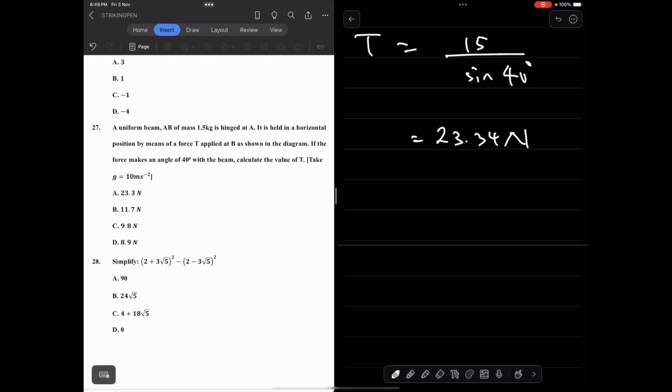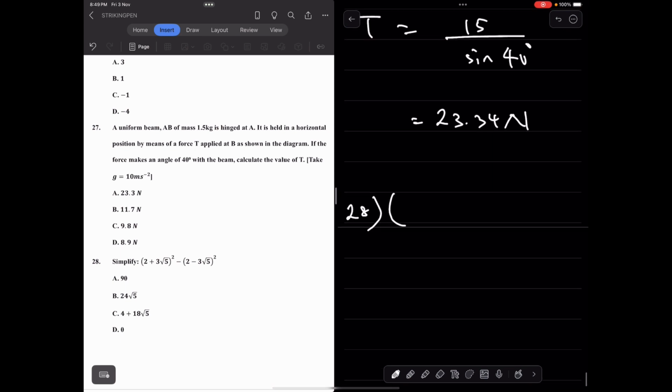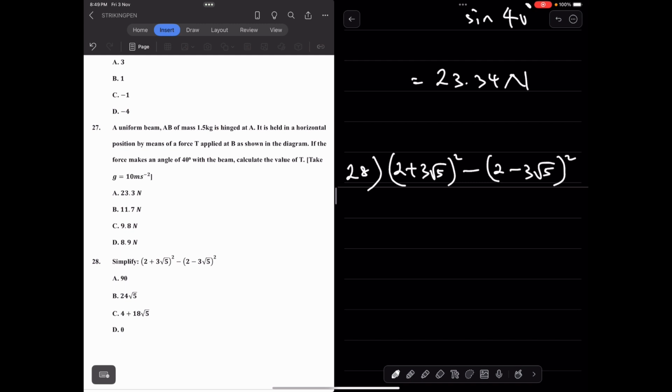We go straight to the next, which is number 28. This one says simplify the product (2 plus 3 root 5) squared minus (2 minus 3 root 5) squared. This is a difference of two squares, so the answer is just going to be this plus this multiplied by this minus this.